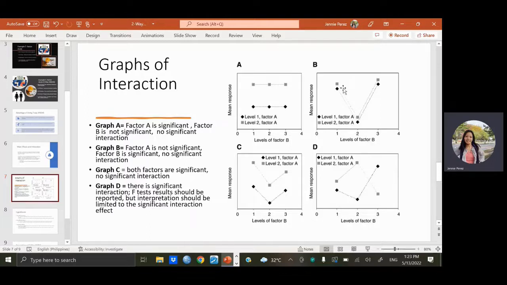The scores of people along the different levels of factor B are significantly different. For level 1 of factor B, it is very high above here. And for level 2 of factor B, it's very low down here in the mean response, and then it goes up again for the third level of factor B. So there is a significant difference among the scores here.